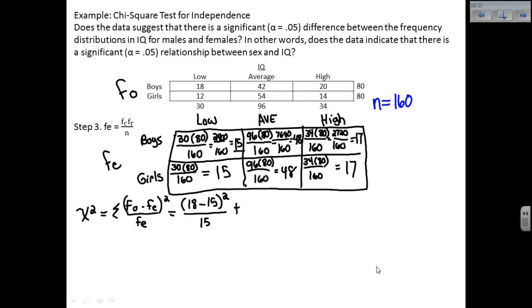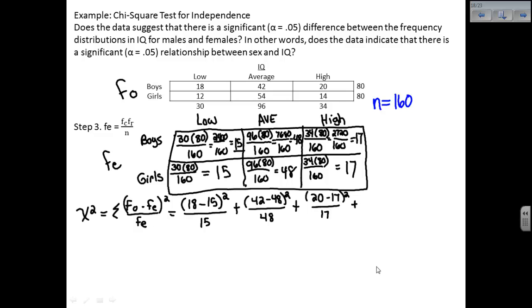So the next one. Boys with an average IQ. We observed 42. We expected 48. And 48. The next group. Boys with a high IQ. We observed 20. We expected 17.